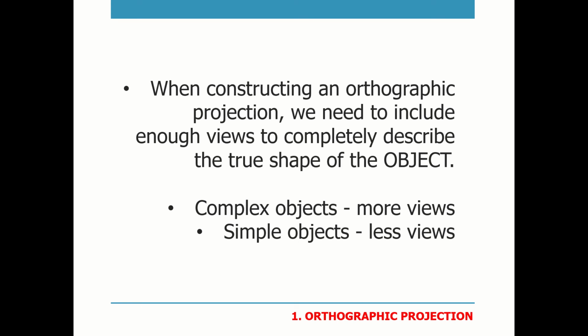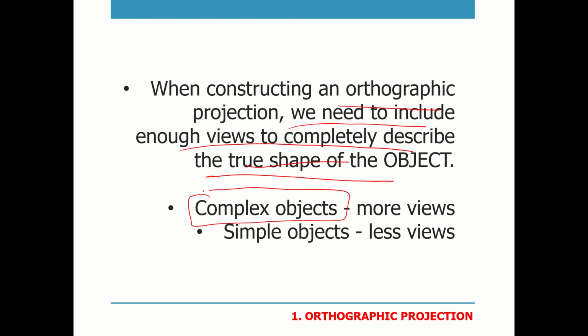That is what is said here: when constructing an orthographic projection, we need to include enough views to complete the shape of the object. It's not necessary to put all 6 drawings, and keep it as simple as possible. A more complex object means more views, a simpler object means fewer views.